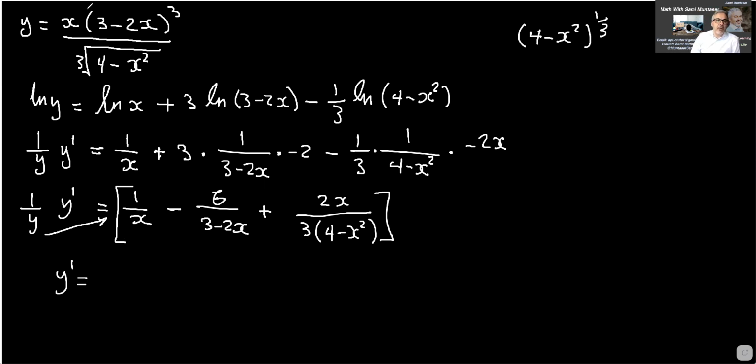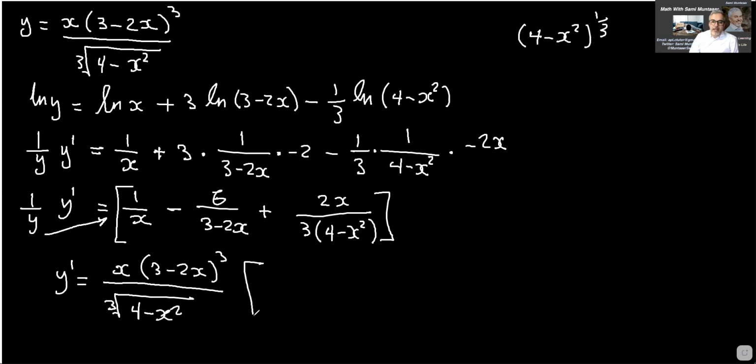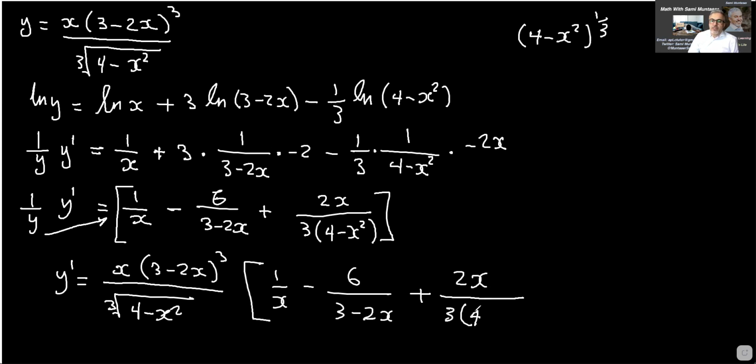When you cross multiply, remember this is y here, so I'm just going to substitute 3 minus 2x cubed all over the cube root of 4 minus x squared, multiplied into all of 1 over x minus 6 over 3 minus 2x plus 2x all over 3 brackets 4 minus x squared. Close the bracket, close the big bracket, check.